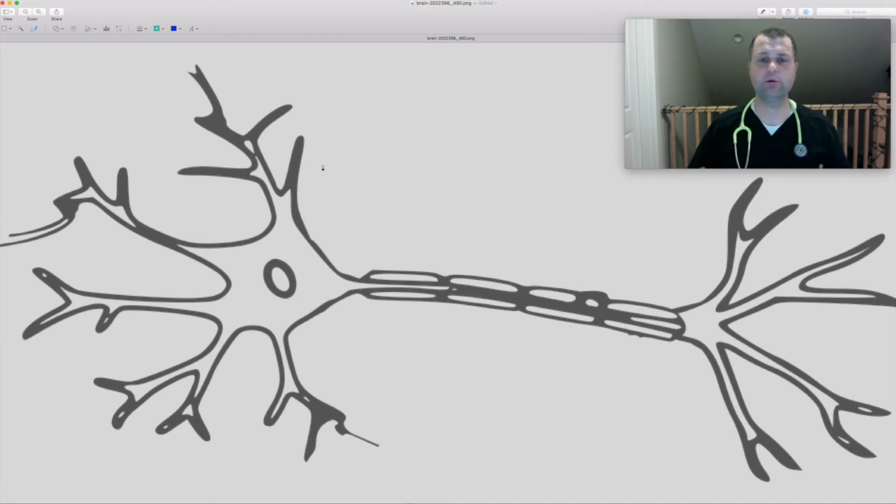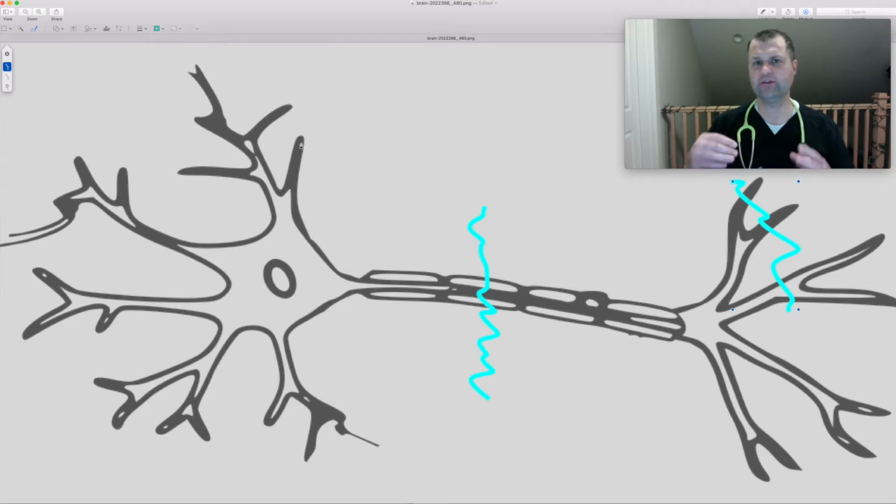I know there's probably some cellular biologists and neurologists out there screaming at the computer about how simple I'm making this, but this is just the gist. These neurons send out signals through this little axon, and they communicate with other ones, and then it goes down the stream as we do the things we need to do. But when we have these concussions, this area right here, or here too, can break.